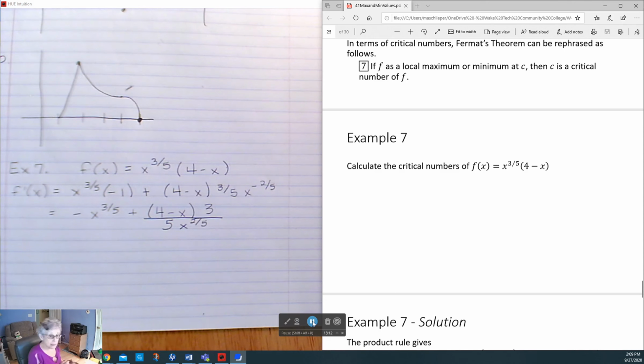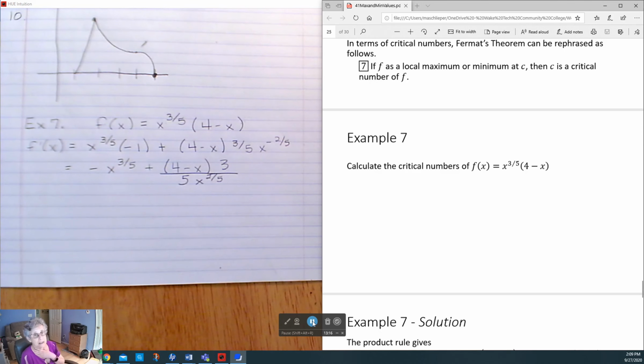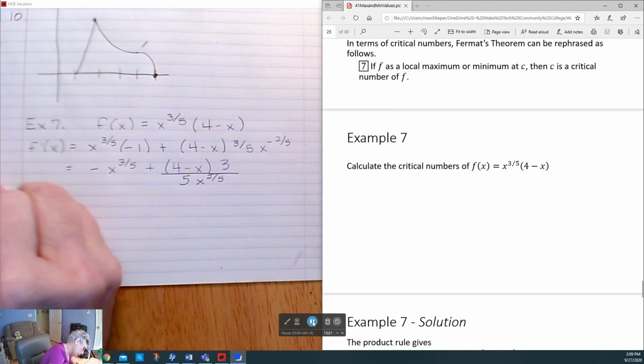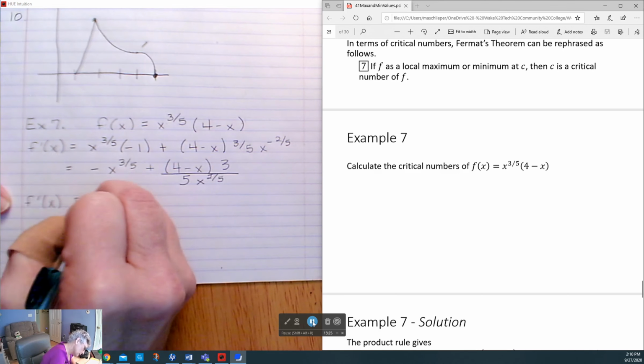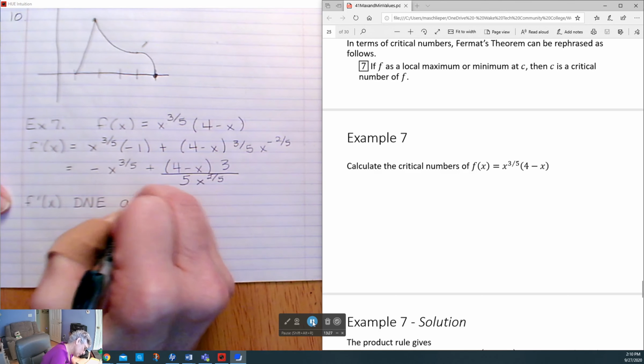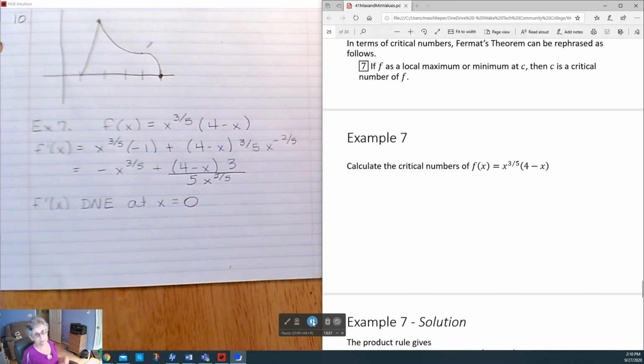Well, I'm going to set this thing equal to 0. Actually, first off, I ask myself, where does the derivative not exist? So, f prime is DNE at x equals 0.